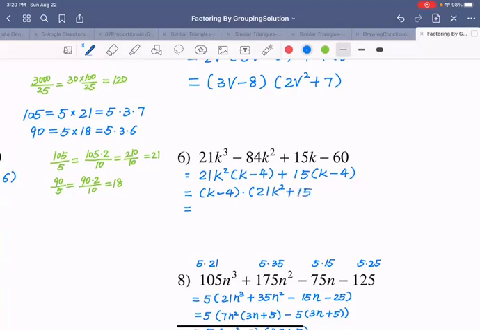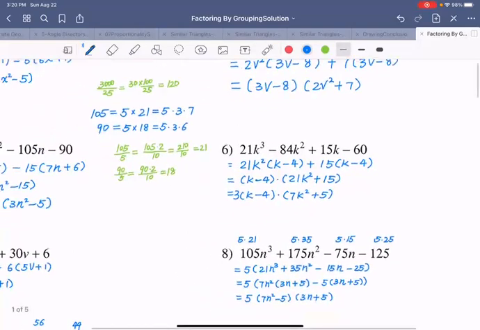Continue. 21 and 15 are both divisible by 3, so you would take 3 out, okay? Times 7k squared, you put 3, or you can leave 3 in the front, and you do 7k squared plus 5. Make sense? There you go.